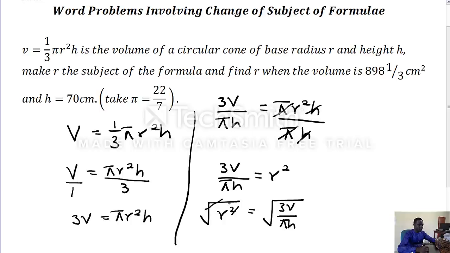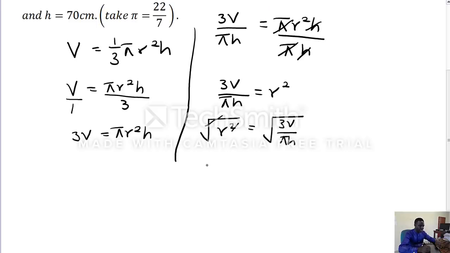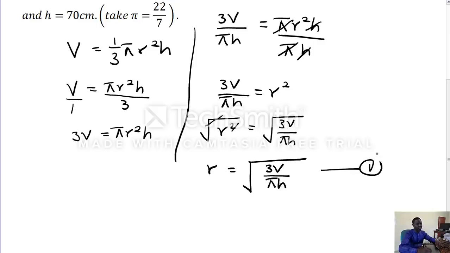The square will cancel the square root, leaving us with r equal to the square root of 3V divided by pi h. So I have made r the subject of the formula.